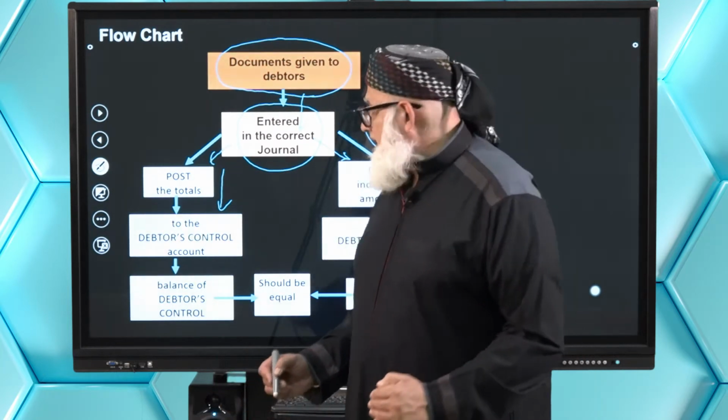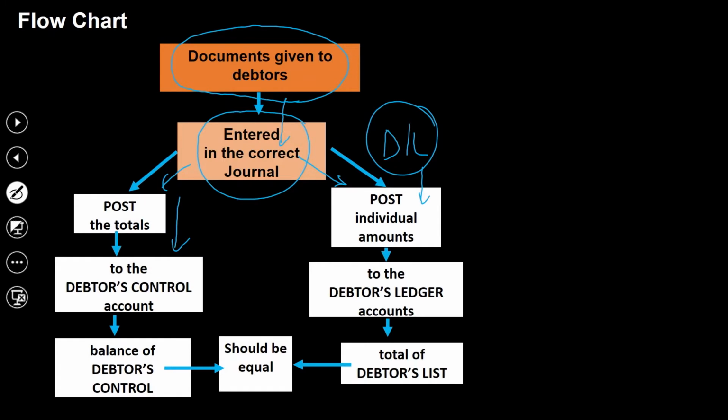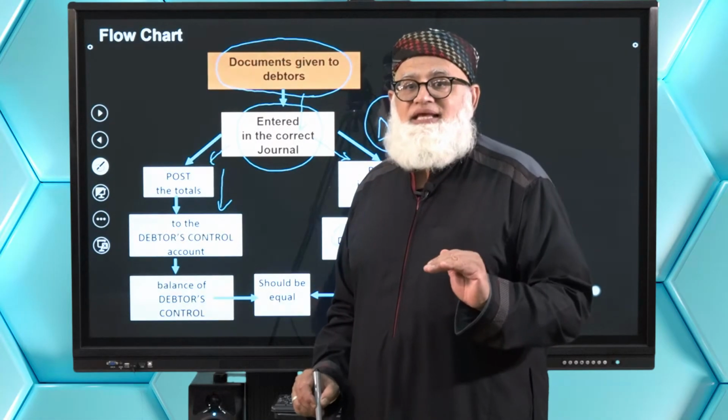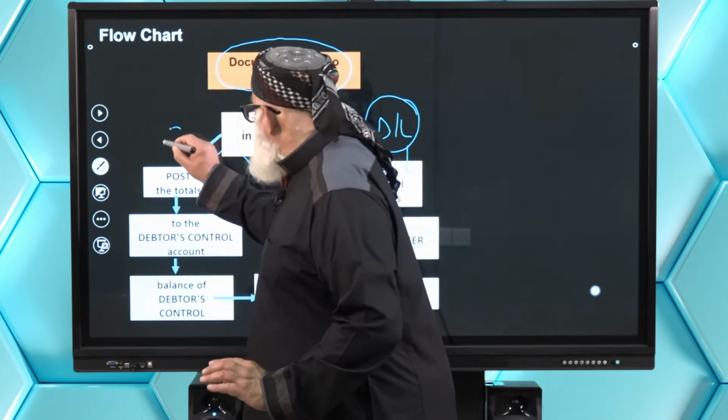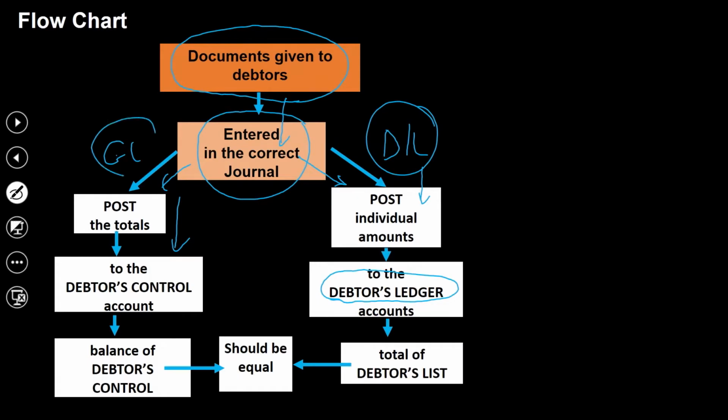Individual ledger accounts. Then, where is that done? That is done in my debtors ledger here. So I'm posting to my debtors ledger. And in this way, you can clearly see that the double entry takes place in my general ledger, into my control account, and the single entry in my debtors ledger to the individual accounts of each debtor.